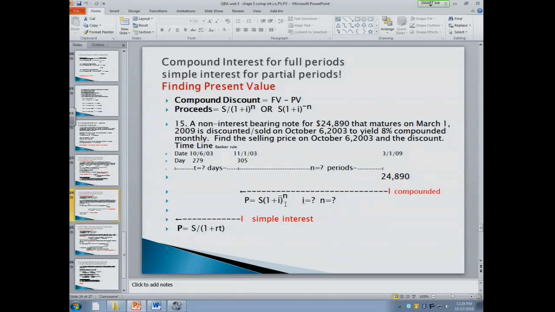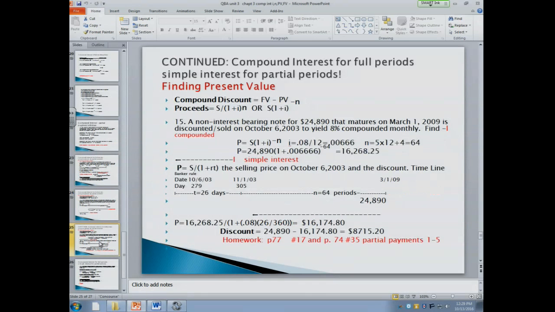You'll notice there's a negative exponent. You can put that in the denominator if you want. So I want you to pause this, find our proceeds right here. That amount should be $16,286.25. By the way, the number of full months you should have calculated was 64.